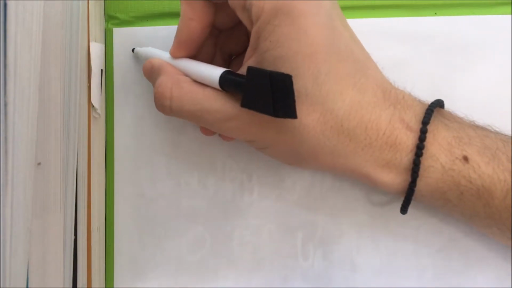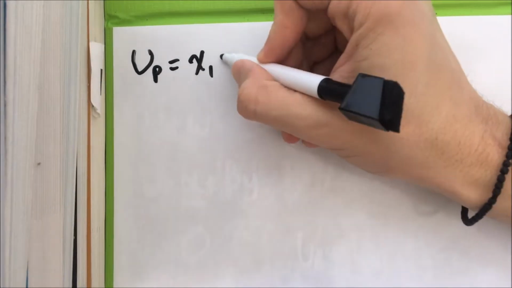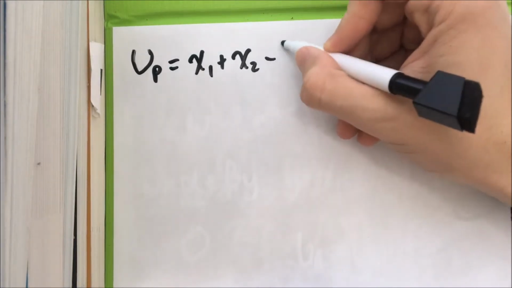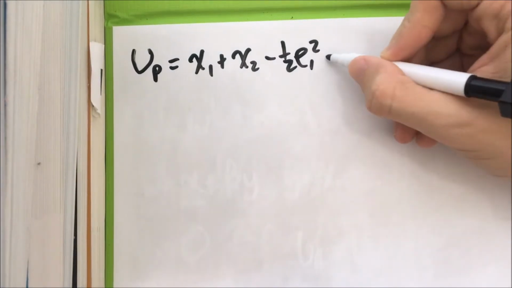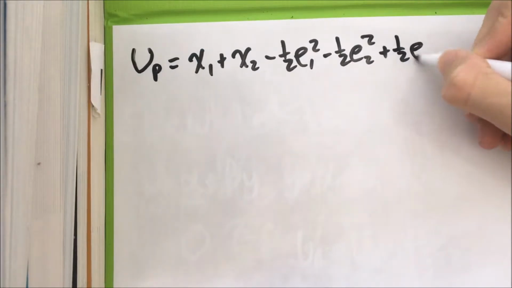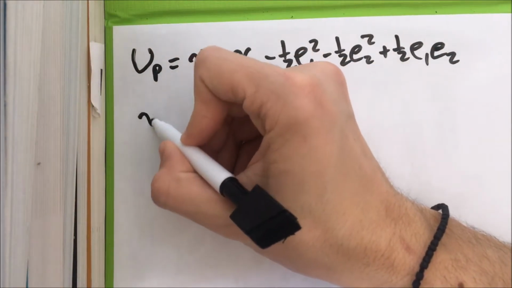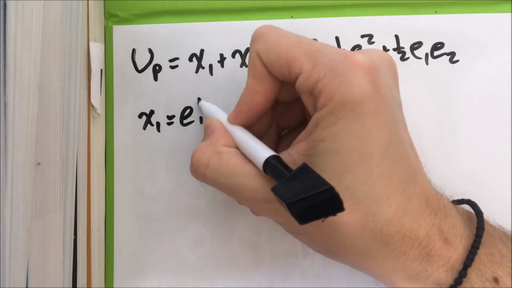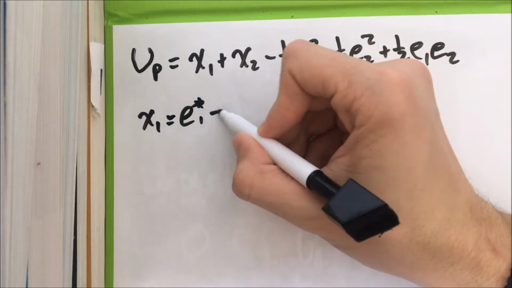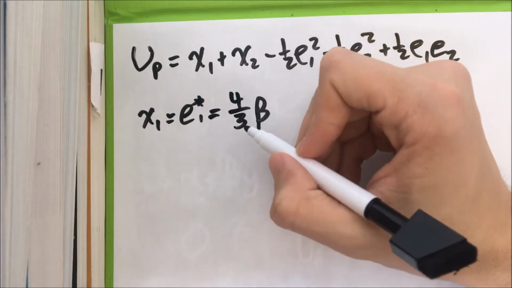Okay, back with the clean whiteboard. What we found out is that the utility of the principal can be written as x1 plus x2 minus half E1 squared minus half E2 squared plus half E1 E2. Now, what are we going to sub in? We're going to sub in x1 equals E1 star, which from part A we found was 4 on 3 beta.